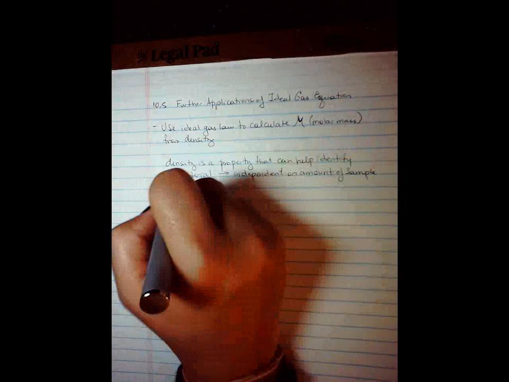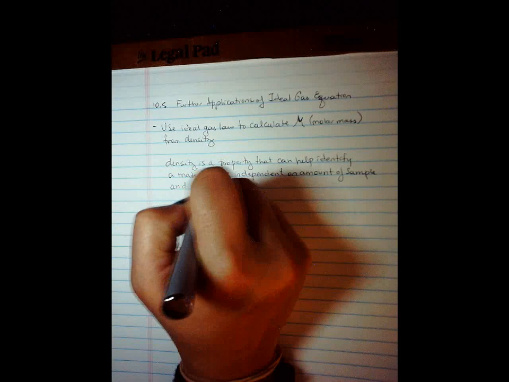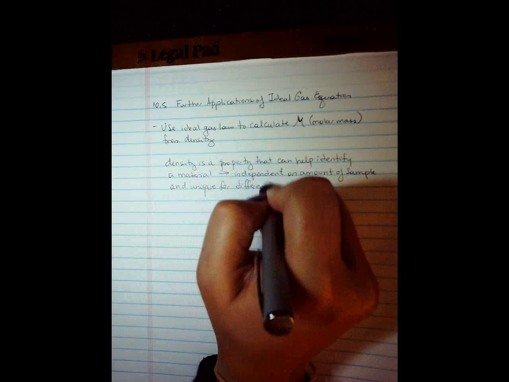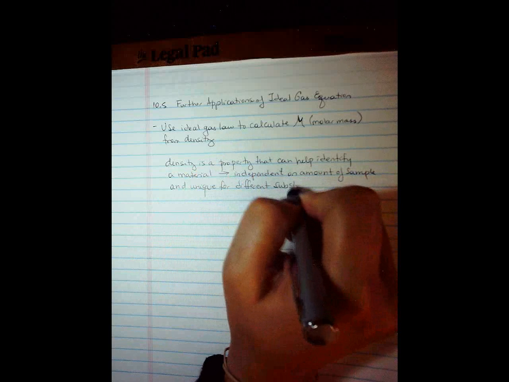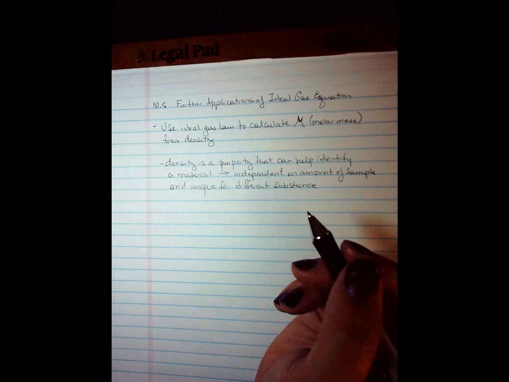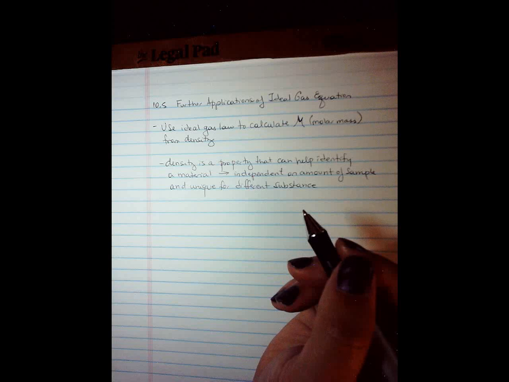Now, not only is it independent of the amount of the sample, but it's also unique for different substances. All right, so if you were to come to me with a clear, odorless, tasteless liquid with a density of 1 gram per milliliter, I would tell you, oh, you just gave me a bunch of water. All right? Because the density for water is 1 gram per milliliter.